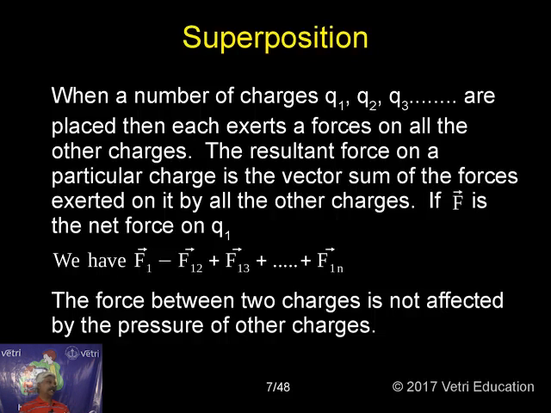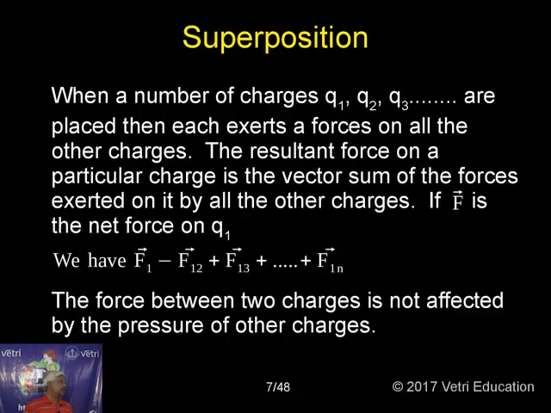What is superposition? When more than two charges, a number of charges Q1, Q2, Q3, etc., are placed, each exerts a force on all other charges. Q1 exerts a force on Q2, Q3, etc. Similarly, Q2 exerts a force on Q1, Q3, etc. Like that, each charge exerts a force on the other charges.